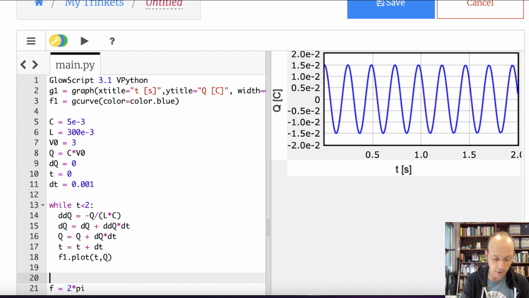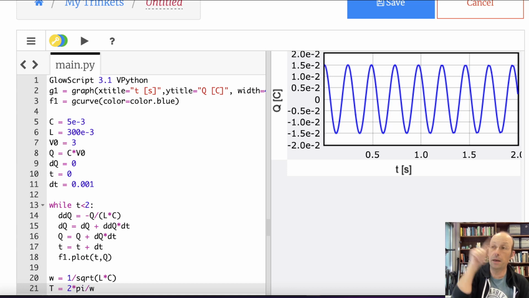So let's say omega is equal to 1 divided by the square root of L times C, and this is going to be 2 pi, let's see, radians per second. It's going to be omega divided by 2 pi. Let's print the period. T equals 2 times pi divided by omega.